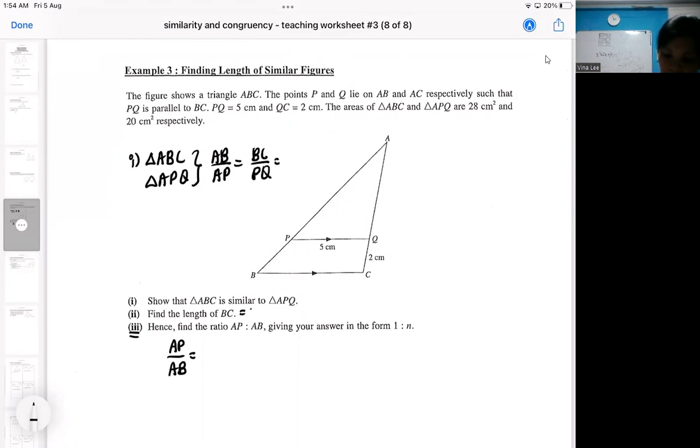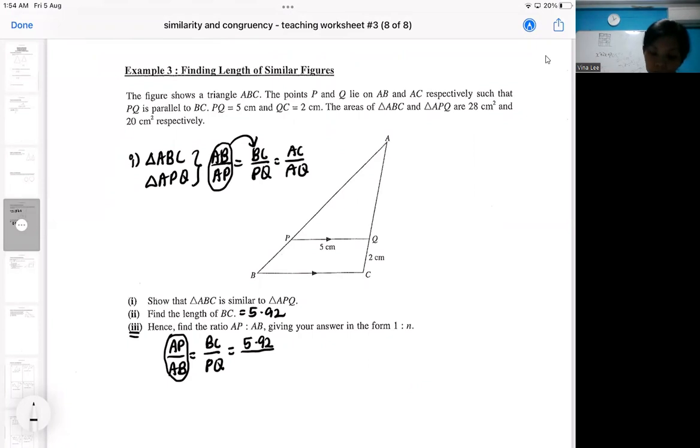And just now this part is 5.92. So this ratio is exactly this one, and it should be equal to BC over PQ. Just now I found my BC and I know my PQ. My PQ is 5.